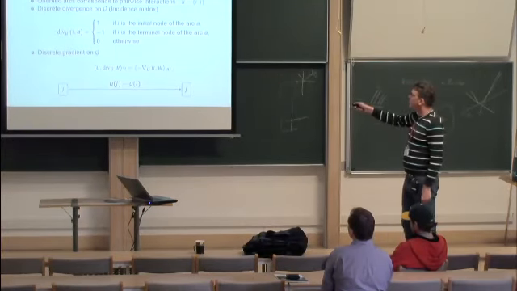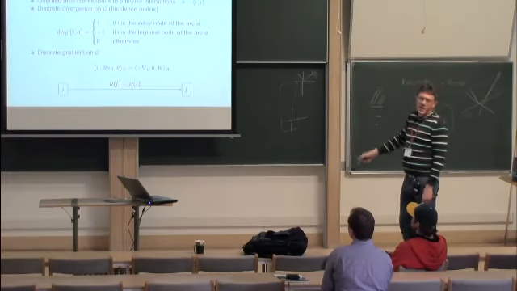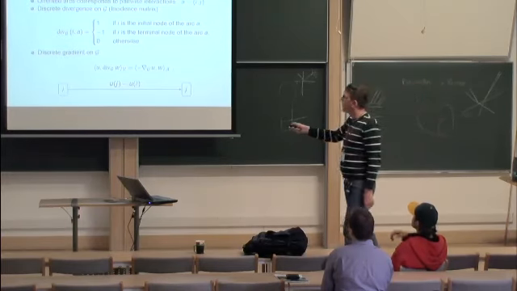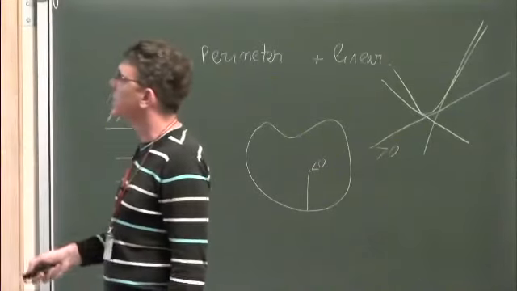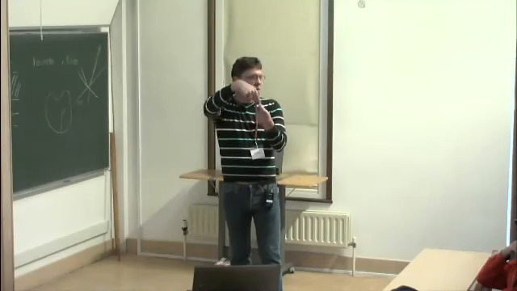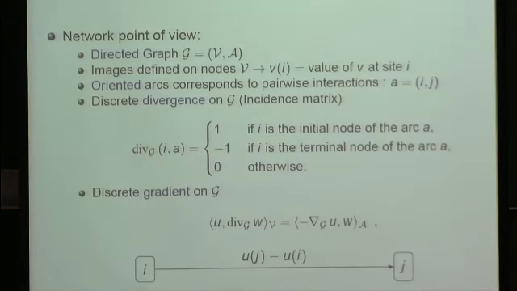I have a node, I have pairwise interaction, so as before I had a graph, and I define a discrete divergence. You give me a graph, I can associate a divergence. So essentially, you give me a node, and I look at what's in, what's out, and I make the difference. So once I have this linear operator, then I associate a gradient using the standard relation. So I have a node, two nodes, and now I have the difference. So I define my discrete gradient like that.